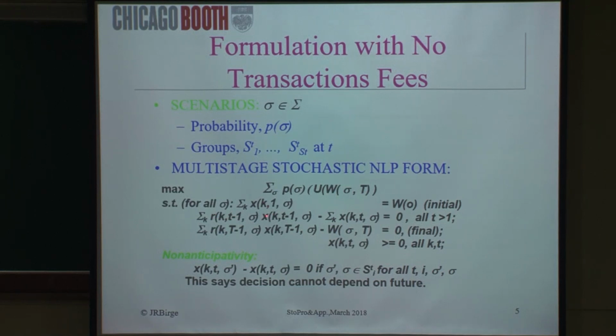At each time period, those assets have a return R. At time t minus 1, whatever I had invested in had a return for each of those assets under each scenario.